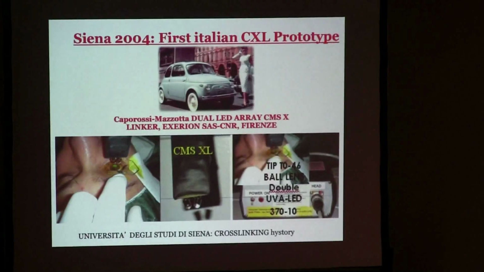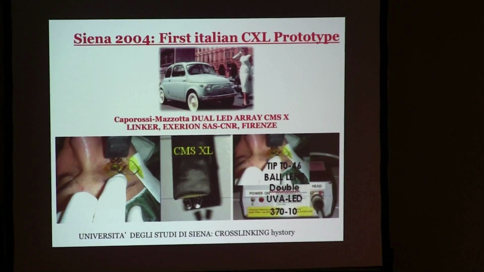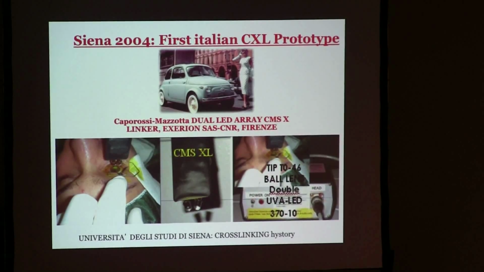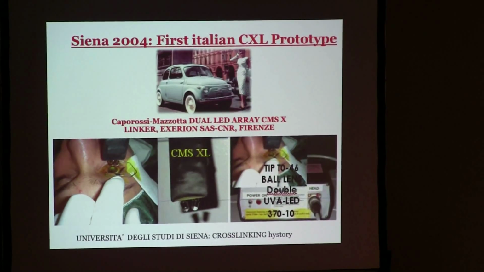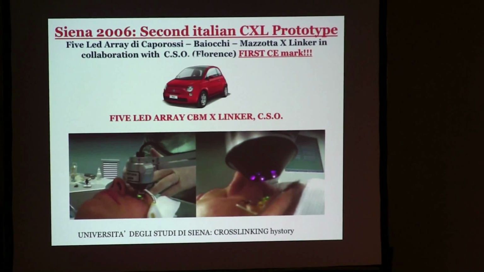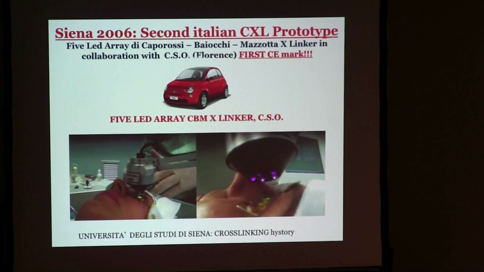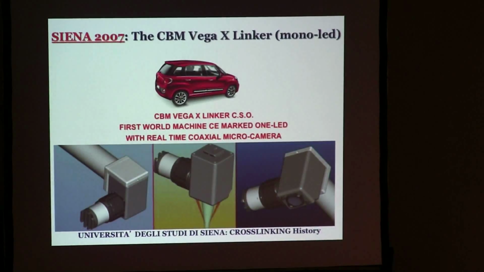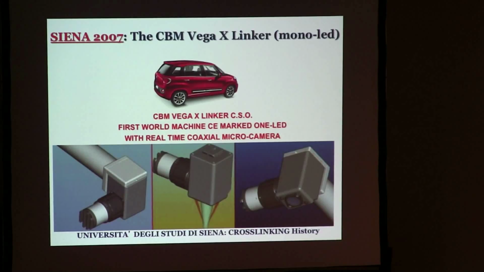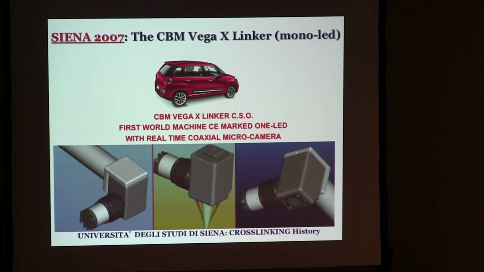And that is important because we go beyond the galenic production. They were also responsible for the first prototype of a cross-linking machine, and they built two. This is the 5-LED cross-linker. And finally, with CSO, a company of Florence, they built the first commercial cross-linking machine, the CBM.